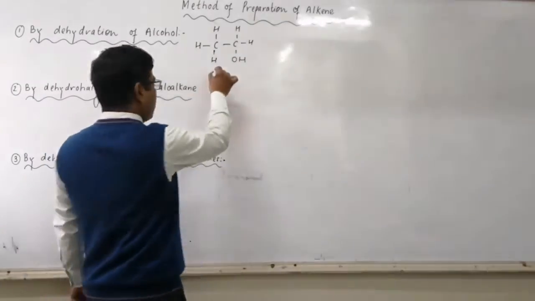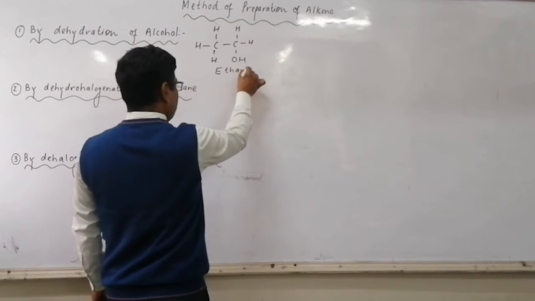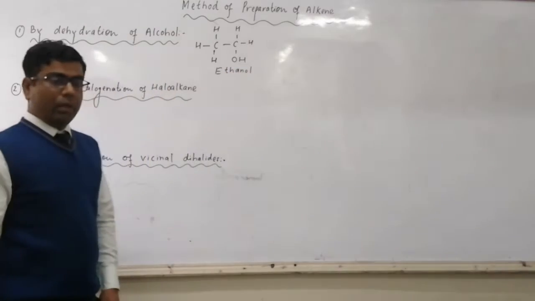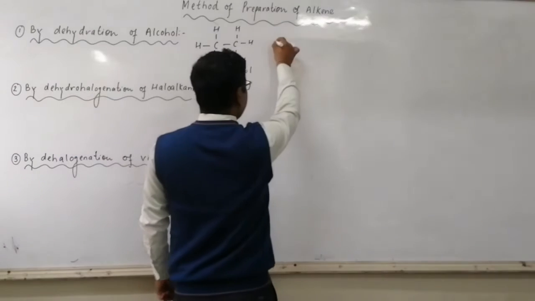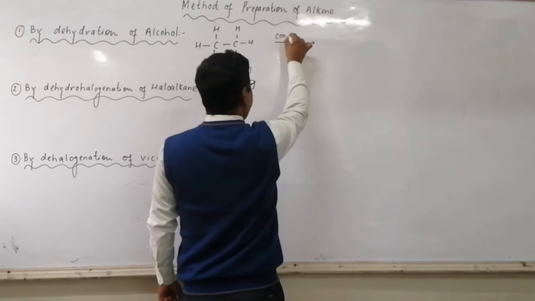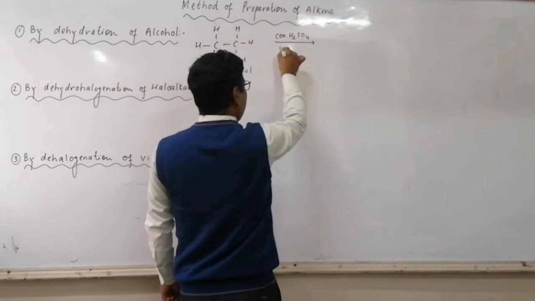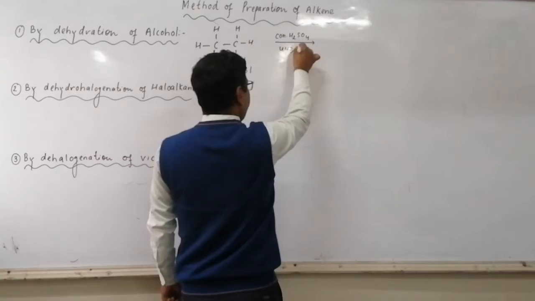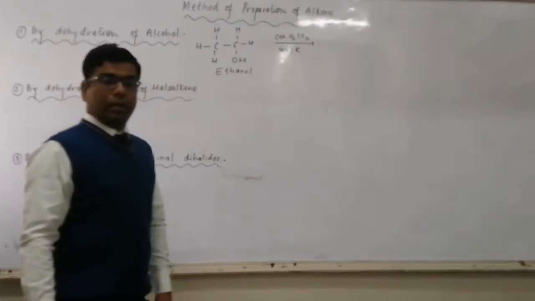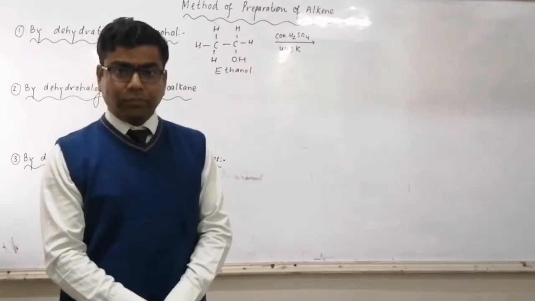CH3CH2OH, this compound is called ethanol. Now, ethanol, when heated in presence of concentrated H2SO4 at a temperature of 443 Kelvin, then removal of water molecule takes place.